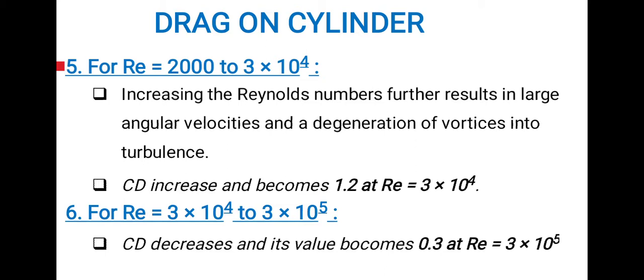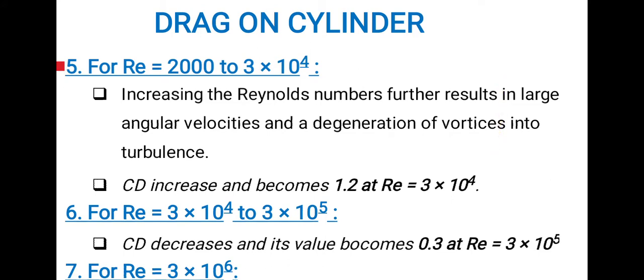CD increases and becomes 1.2 at Re equal to 3 into 10 to the power of 4. When Re is 3 into 10 to the power of 4 to 3 into 10 to the power of 5, CD decreases from 1.2 to 0.3 at Re equal to 3 into 10 to the power of 5.